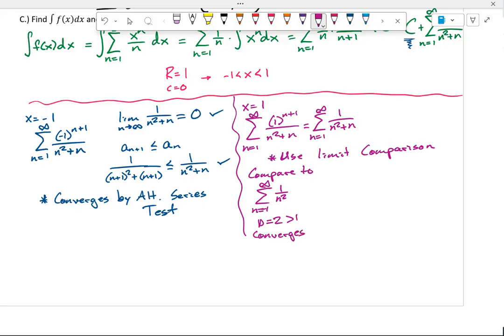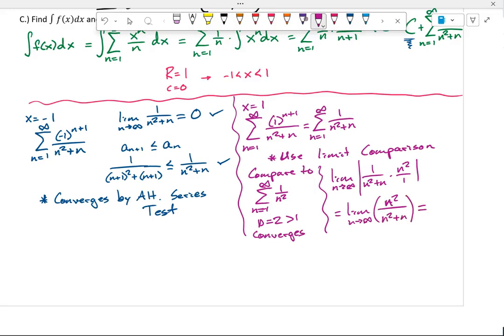So let's set up the limit. So that would be the limit as n goes to infinity of, and we would have 1 divided by the other. So 1 over n squared plus n times n squared over 1. Well, that is going to be the limit as n goes to infinity of n squared over n squared plus n.